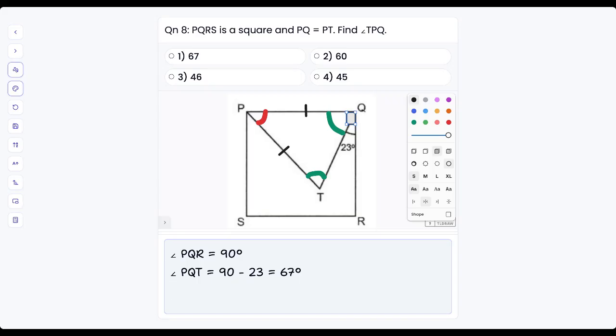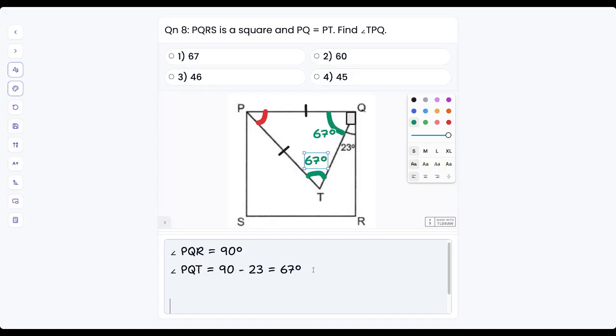So now we know that PQT is 67 degrees over here, put in green. Since PQ is equal to PT, triangle PQT is an isosceles triangle.